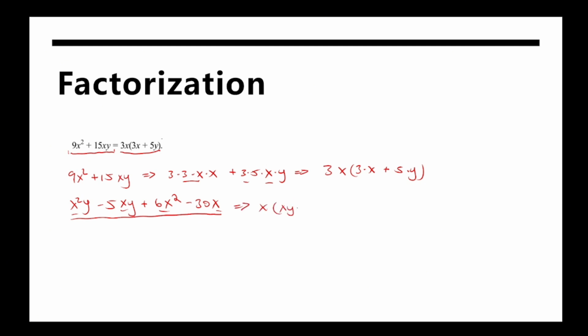Now we'll have xy minus 5y plus 6x minus 30. And these two terms both have a y, which we can take out, making it y times x minus 5, plus 6x minus 30.